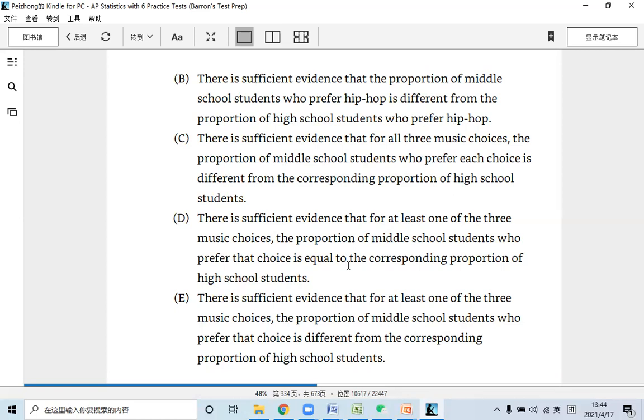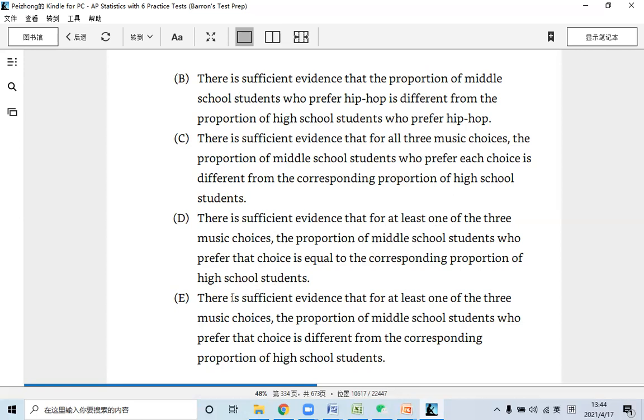So what does that mean? No, that's not a research hypothesis. We are looking for difference. We are looking for difference in the research hypothesis, not equality.